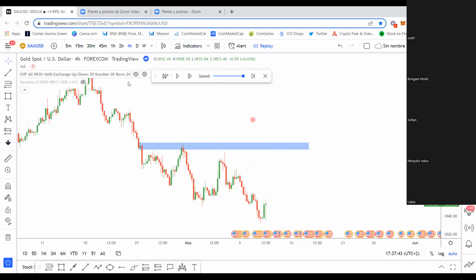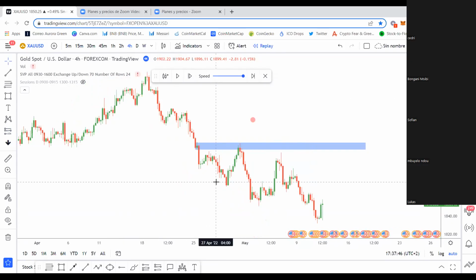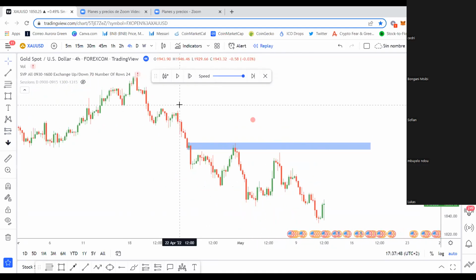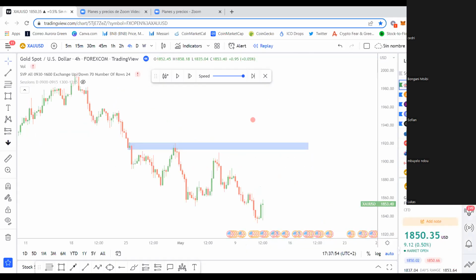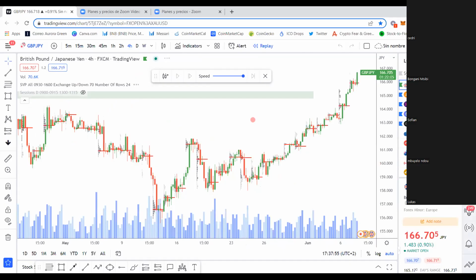Then another interesting thing to do is to look at a zone and see if it's valid. I don't have the volume here, so I have to flip onto my other gold chart.